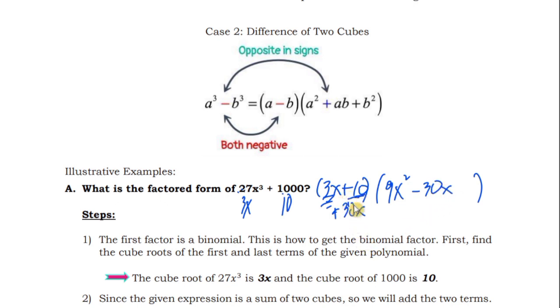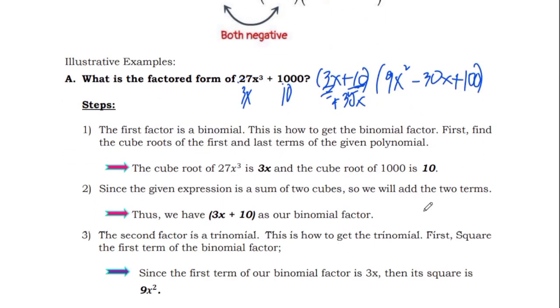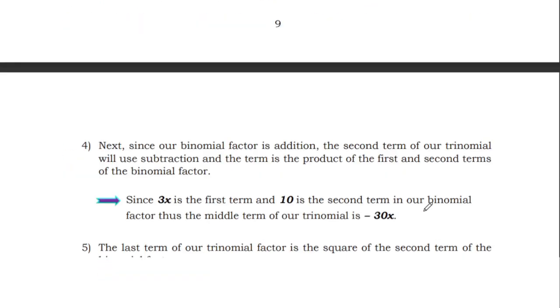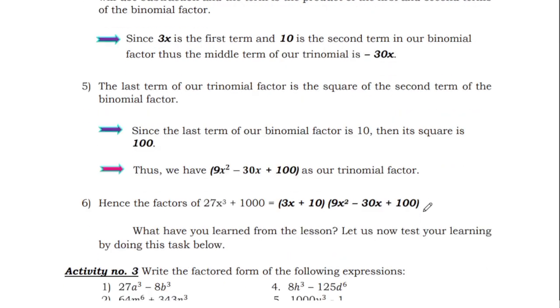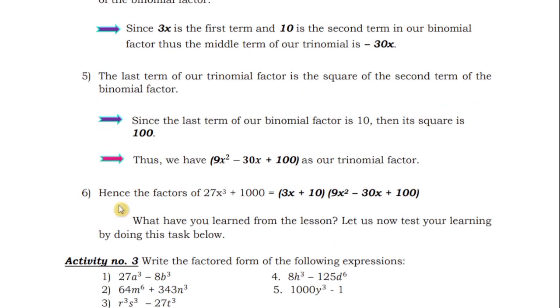Then the square of this one is 100. So the result now is the quantity 3x plus 10 times the quantity 9x squared minus 30x plus 100. That is now the explanation. So this is now the result that we have.